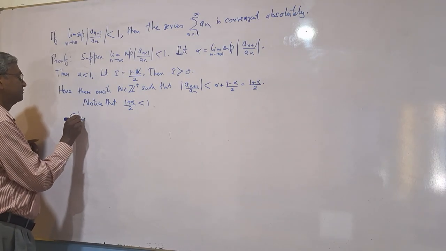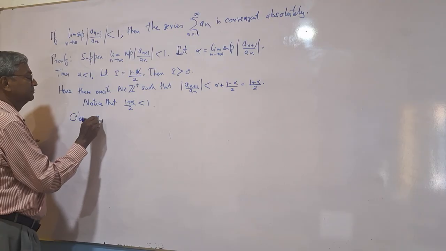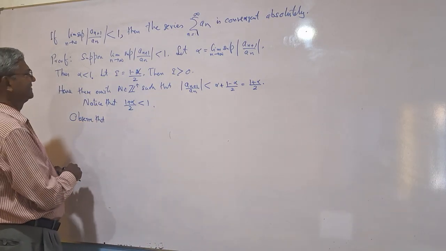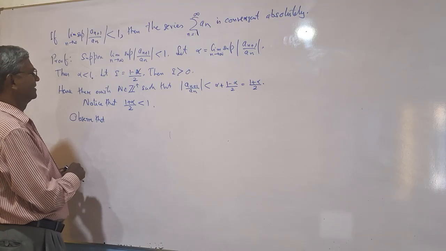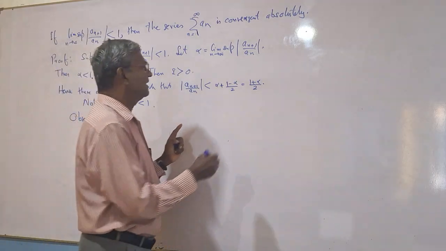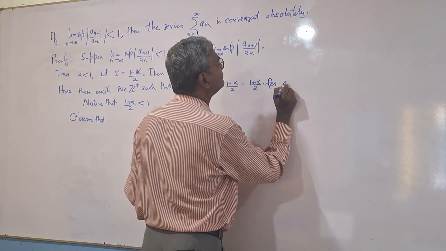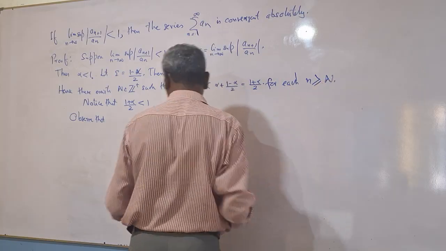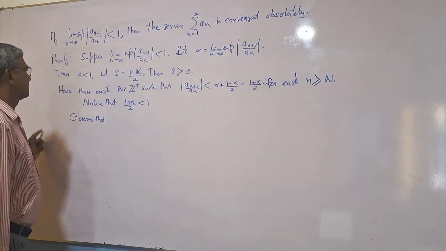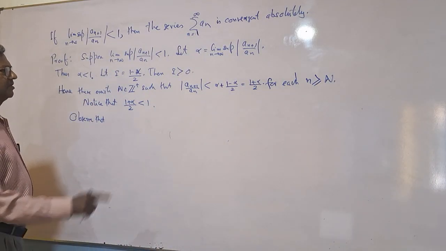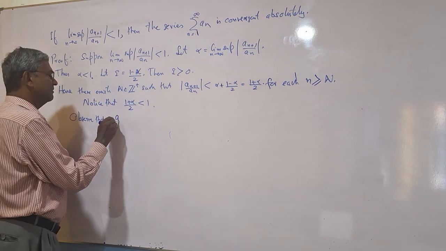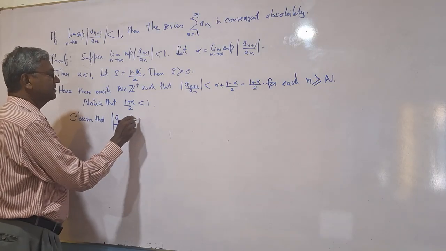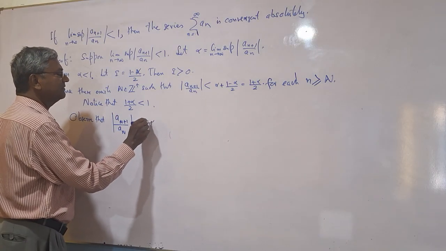Observe that this holds for each n greater than or equal to capital N. So a_{N+1}/a_N is less than (1 plus alpha)/2.